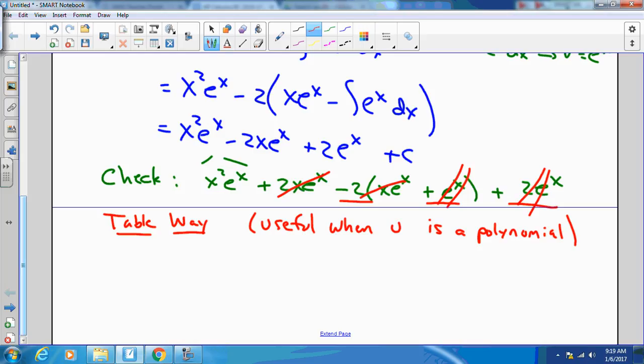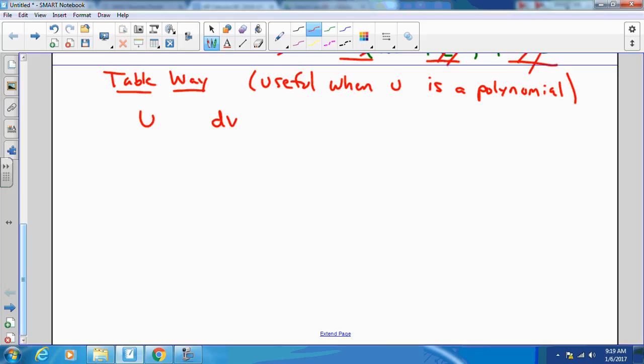Okay, so the table method is going to do this. We're going to identify a u and a dv, the initial u and the dv, without the dx, which is going to be understood. And what we're going to do is march down through our process of finding du successively.